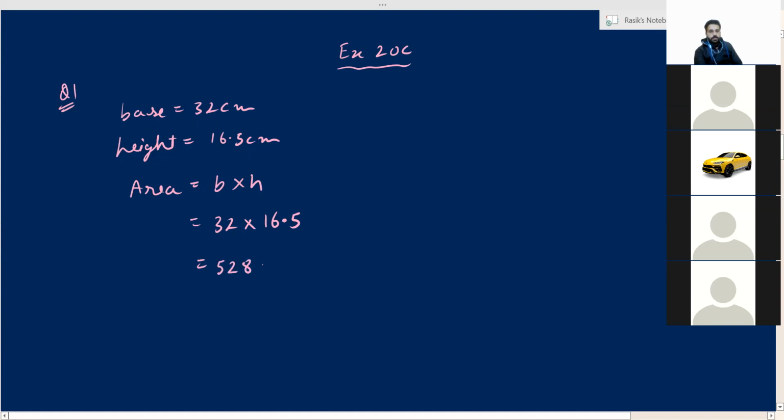Am I right? Yeah, sir. 264 into 2 is 528 centimeter square. Correct.